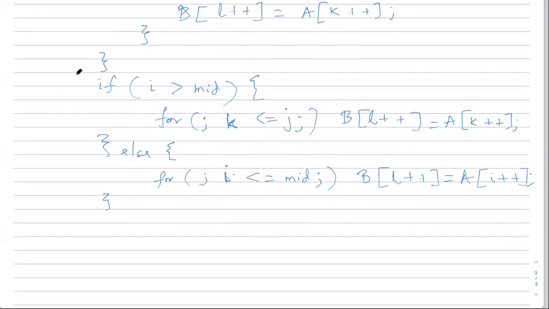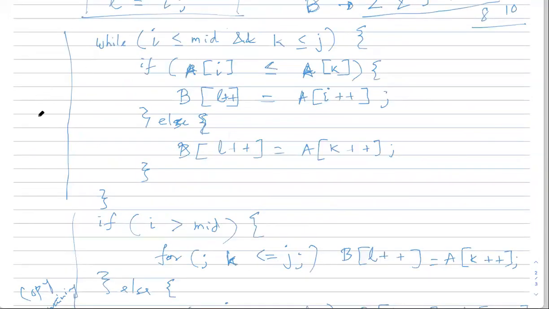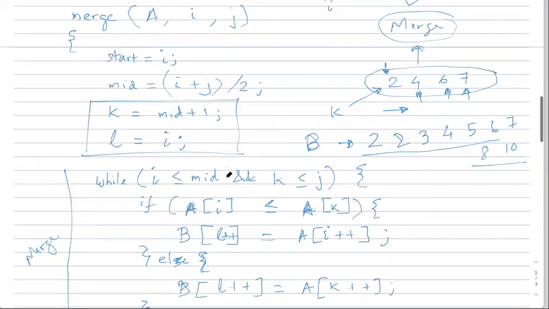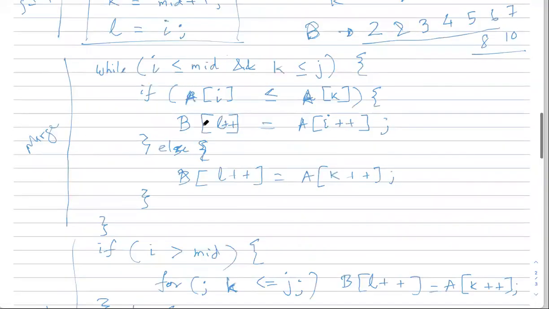Okay, so this portion is the copy the remaining entries. And this portion was the merge operation. Any question? And this portion you can say is the setup or initialize. And we can close the bracket for the merge function.